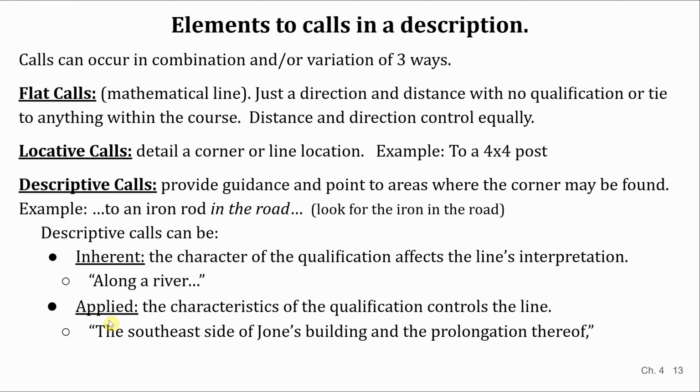And if it's applied, then it's much more specific. So whatever the descriptive item is, that's going to control the line. So if the descriptive call here was the southeast side of Jones Building, very specifically, the alignment of the line is going to match that of Jones Building.